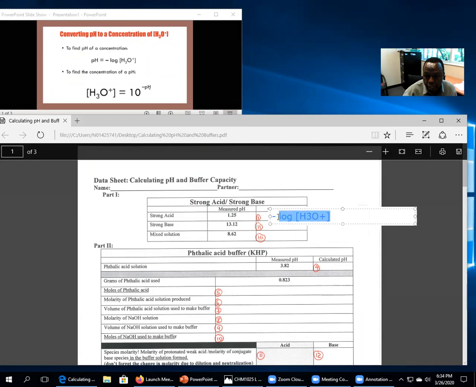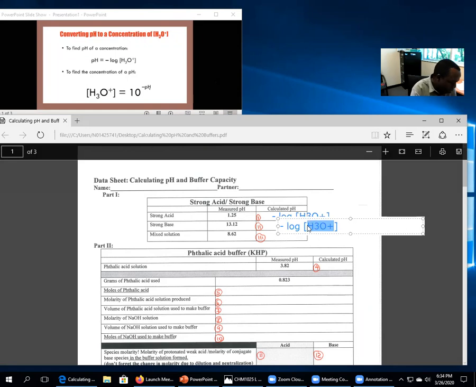For item number two, for strong base, this is what you need, not hydronium, it is hydroxide concentration. That is all you need for item number two.